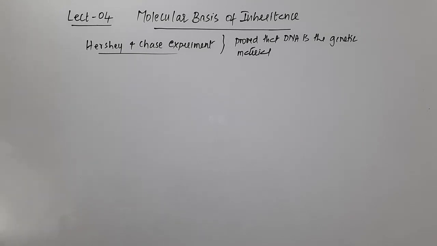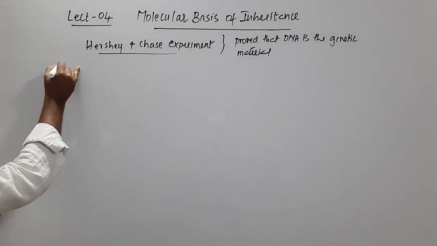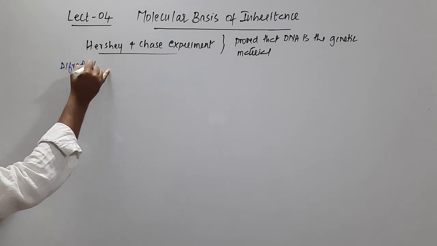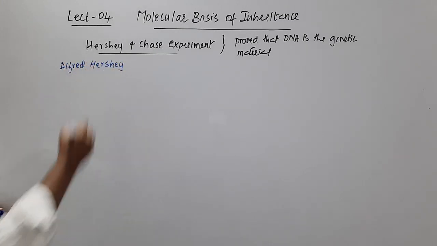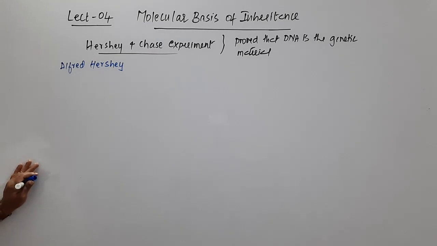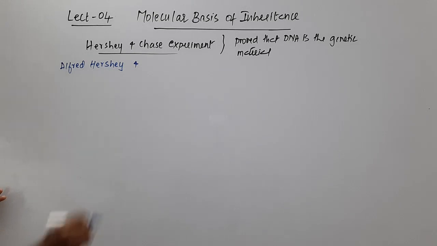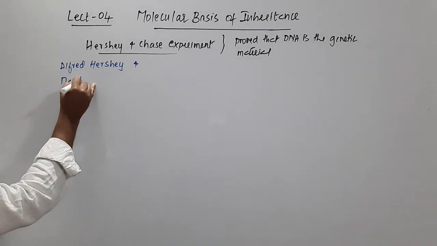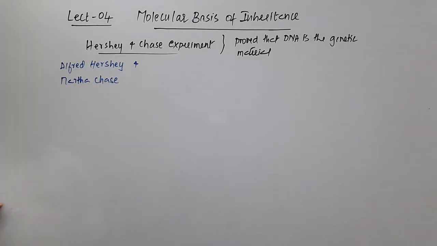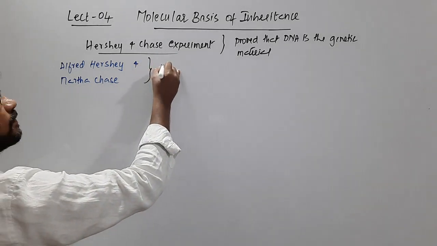The two scientists are Alfred Hershey, an American bacteriologist and geneticist, along with another person named Martha Chase. Both of them confirmed the genetic material is DNA in 1952.